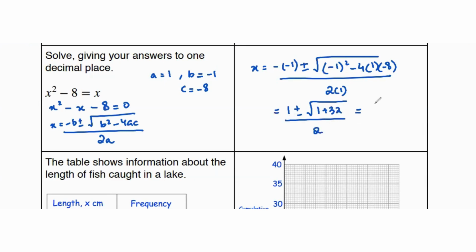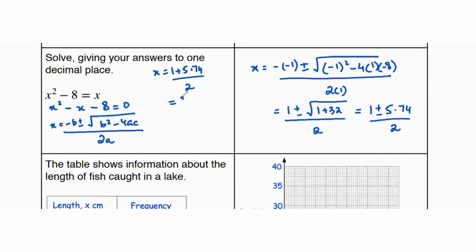So when we solve that, square root of 33 is 5.74, over 2. So one value of x is going to be 1 plus 5.74 over 2, which equals 3.4, correct to one decimal place. The second value would be 1 minus 5.74 over 2, which is negative 2.4.